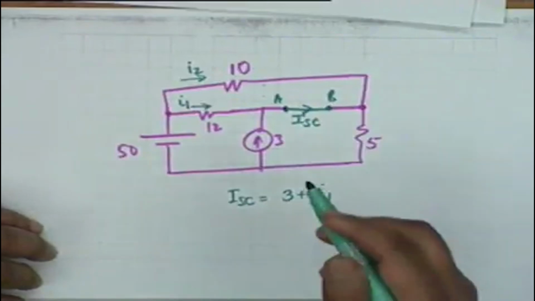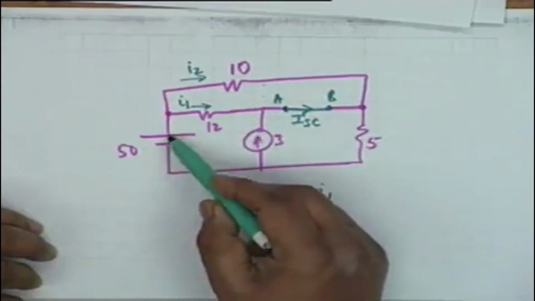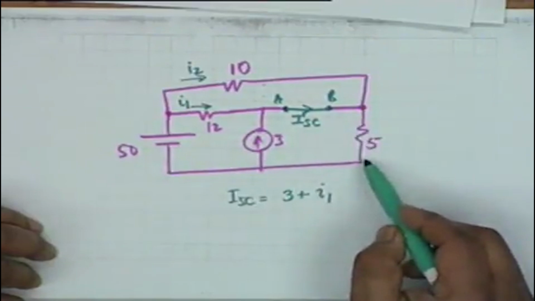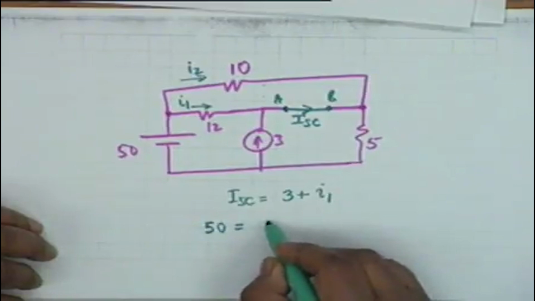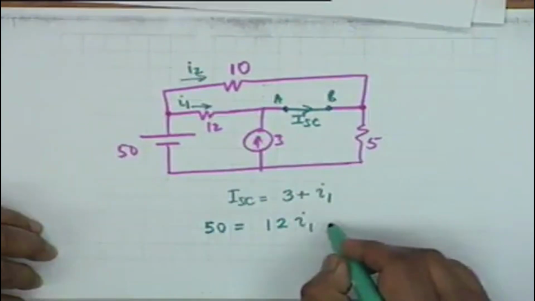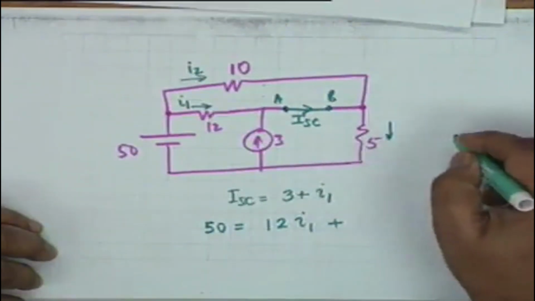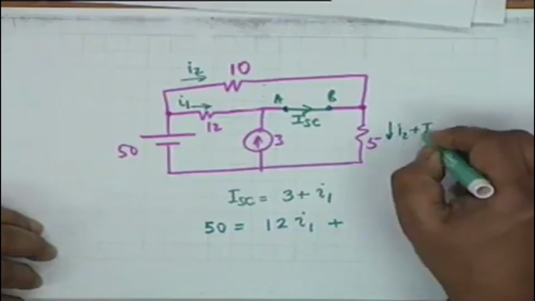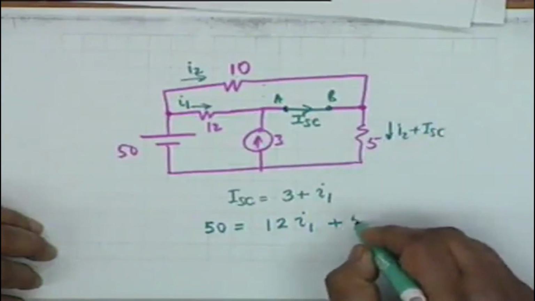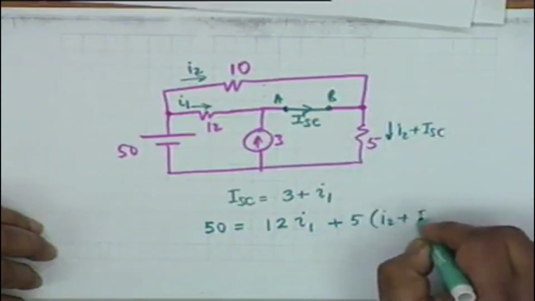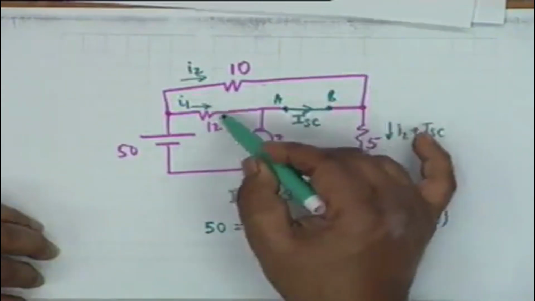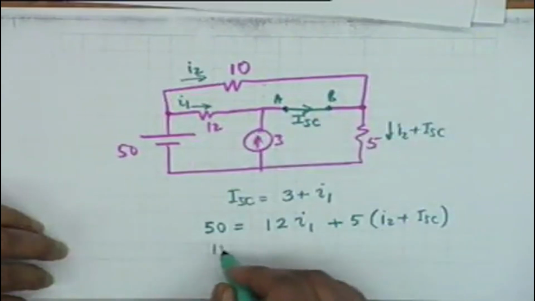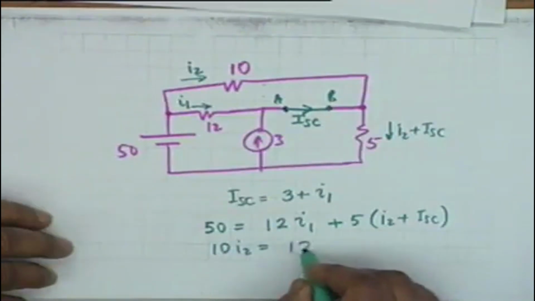The first loop is 50, 12, 5. Then I get 50 is equal to 12 I1 plus 5 times (I2 plus ISC), and the other loop equation is this 10 and 12: obviously 10 I2 shall be equal to 12 I1.